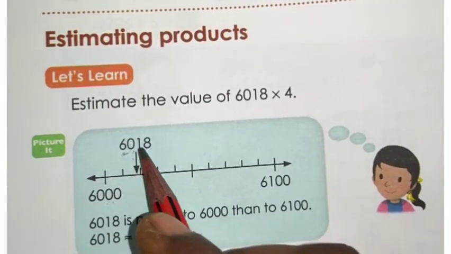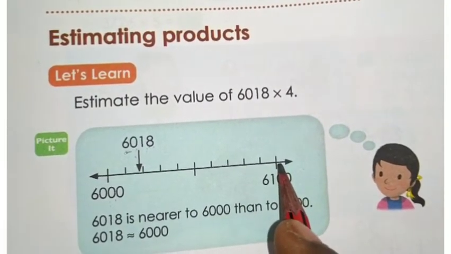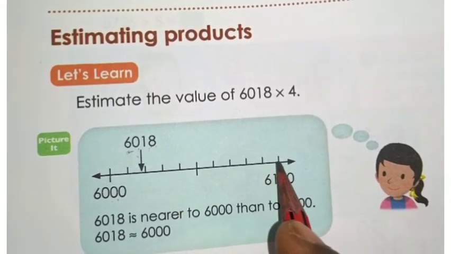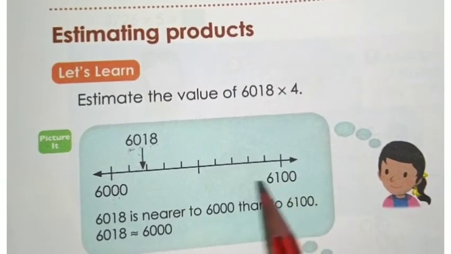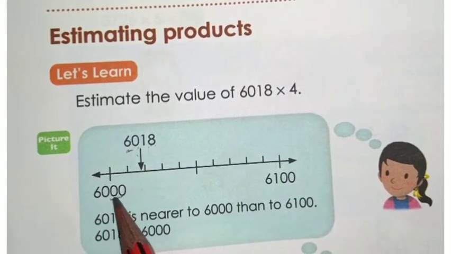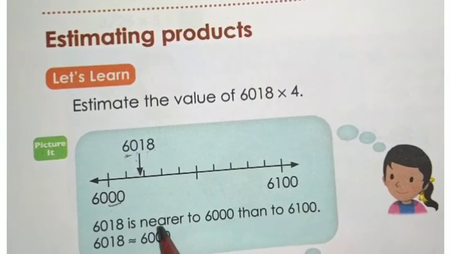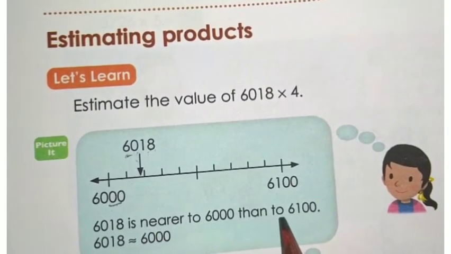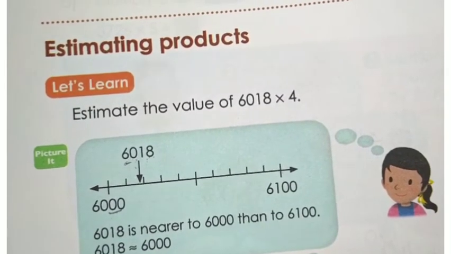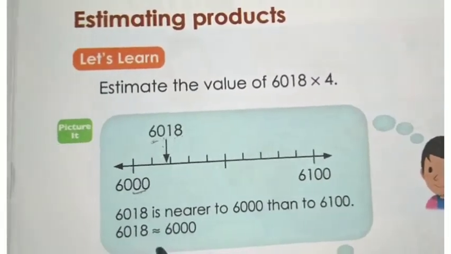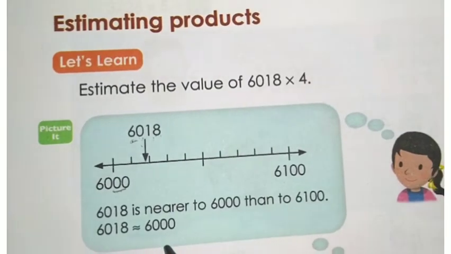But from 6018 to 6100, we have a long distance to reach 6100. So you have to take the nearest value as 6000. 6018 is nearer to 6000 than to 6100. So we have to consider 6018 as 6000.